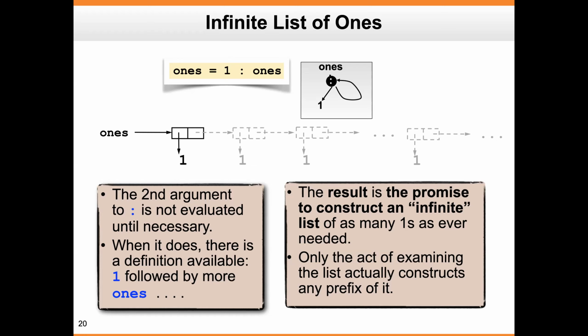But in Haskell, the second argument to the list constructor operator is not evaluated until necessary. So when it does, there is a definition available. We know that there is a 1 followed by more ones. So the result of the definition, the ones, is actually a promise to construct an infinite list of as many ones as ever needed. So only the act of examining the list actually constructs a prefix of it, as many ones as are needed.